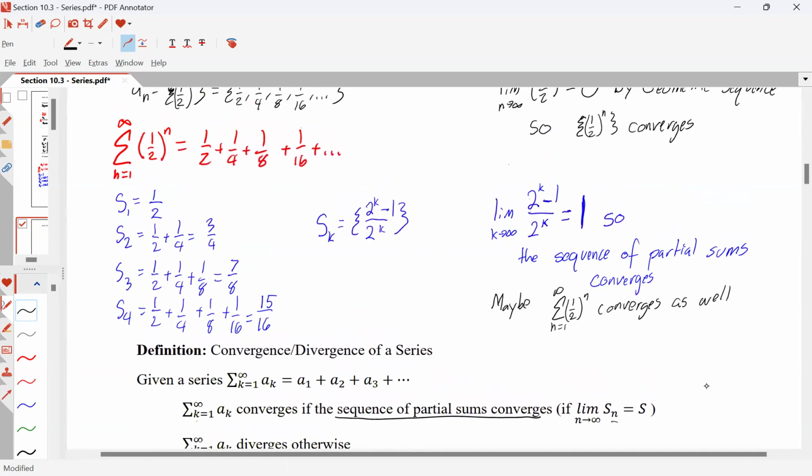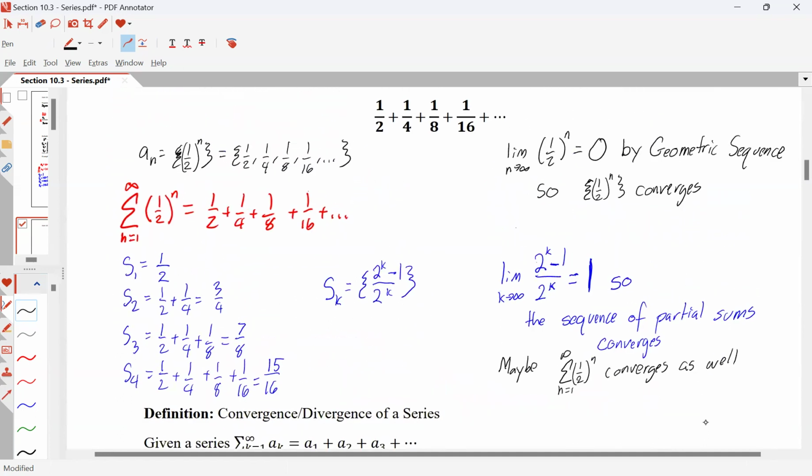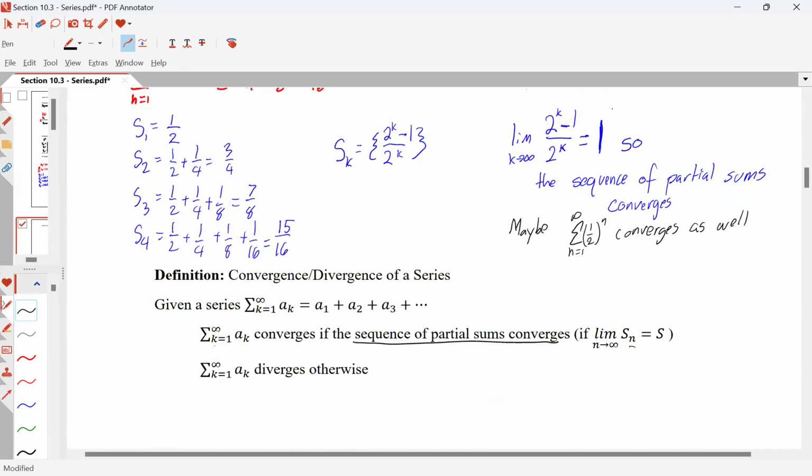So in this first example here, the series 1/2 to the n converges because S sub k converges.